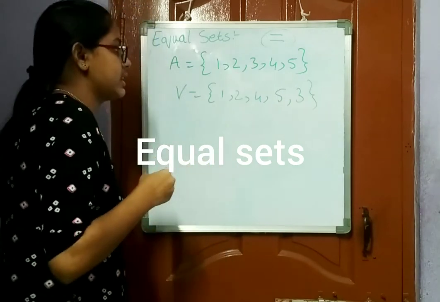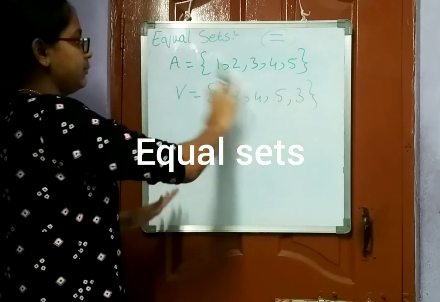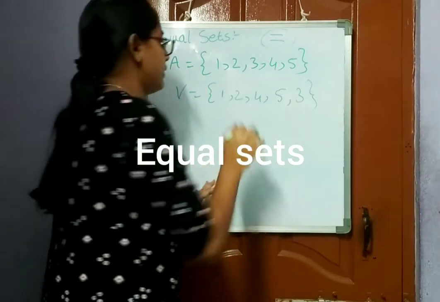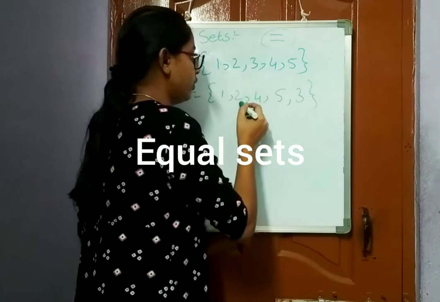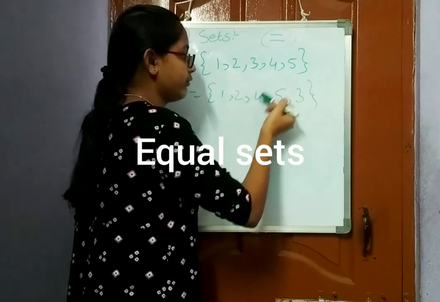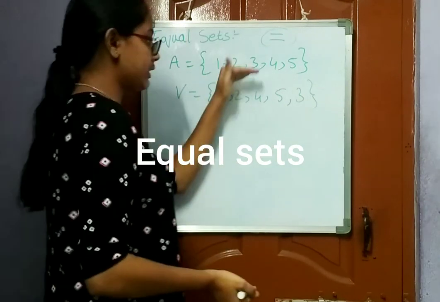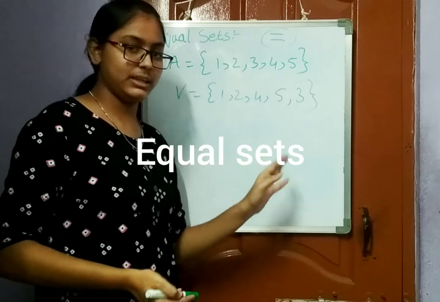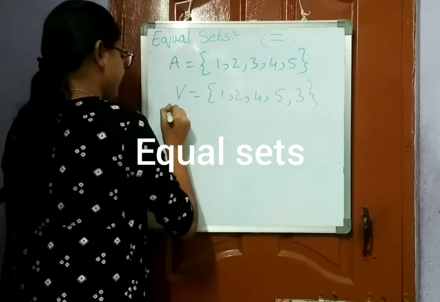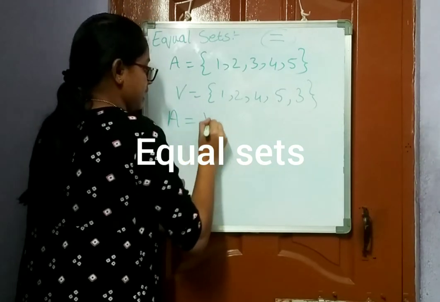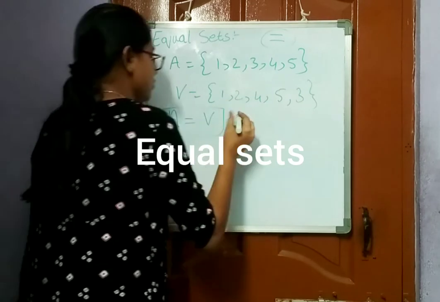Here we can say that all the elements in both A and B are same. We have 1, 2, 3, 4, 5 in each, but they are misplaced. All these elements are same and equal. So A and B are said to be equal sets, that is A is equal to B.